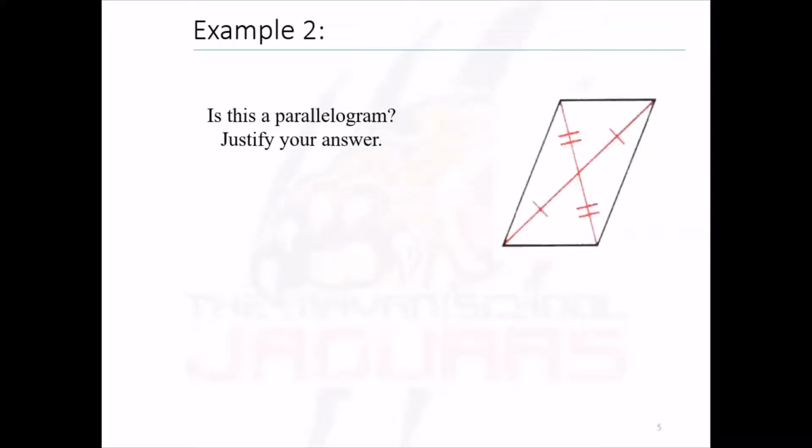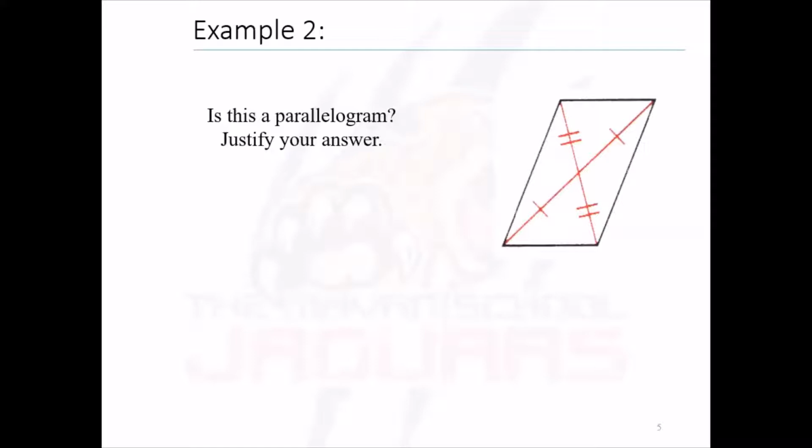Is the figure that I have in here a parallelogram? See what is given. If you want, we can make some labeling in here. Let me call this parallelogram. Let me name it.